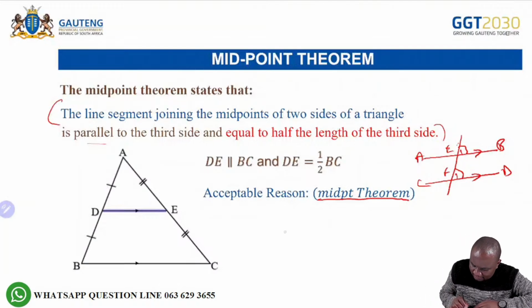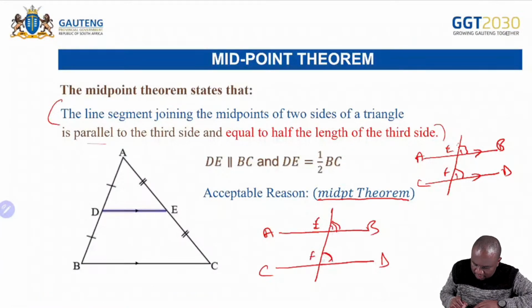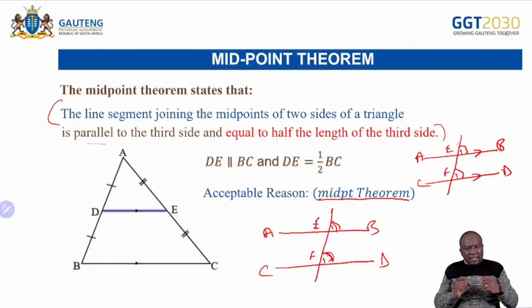But let's say I give you the line AB and the line CD, and then I say angle E1 is equal to angle F1. Is line AB parallel to CD? Yes, they are parallel because the alternate angles are equal.